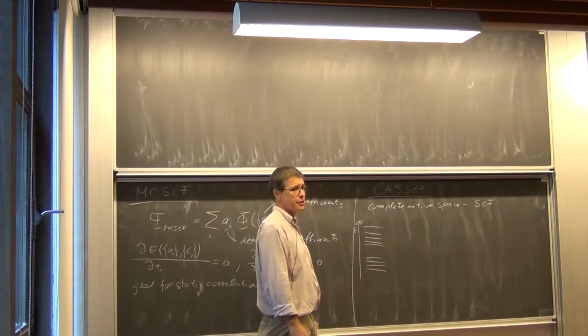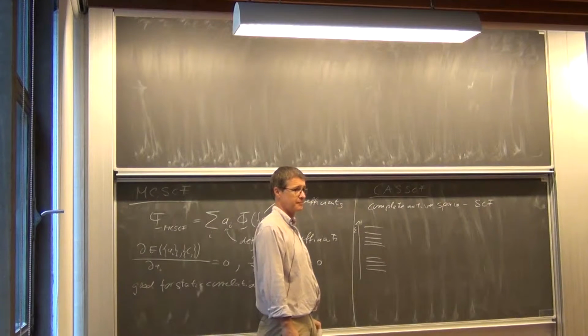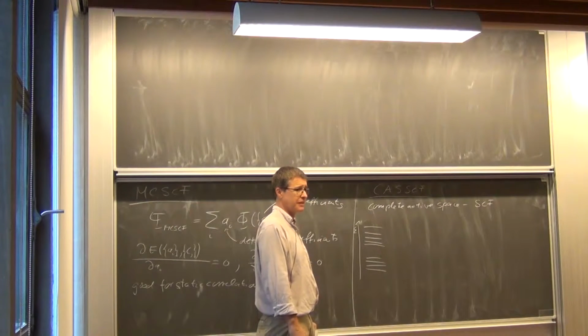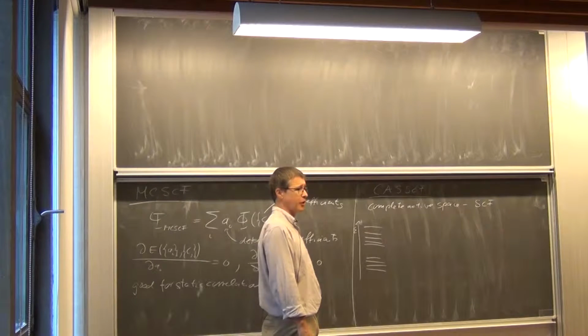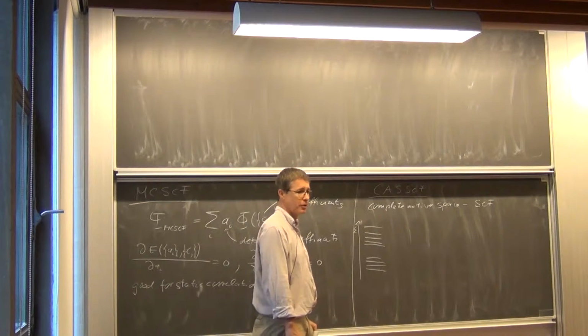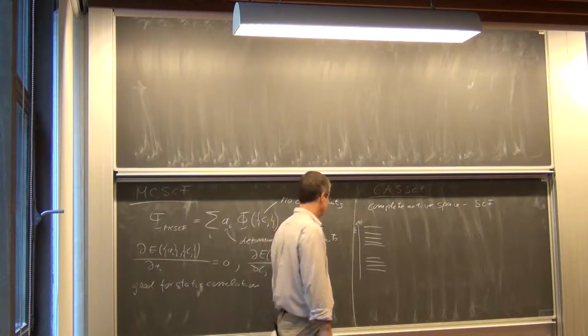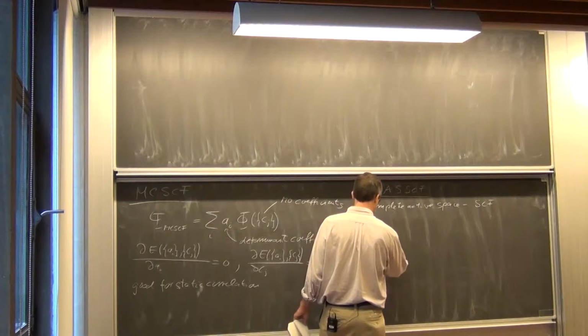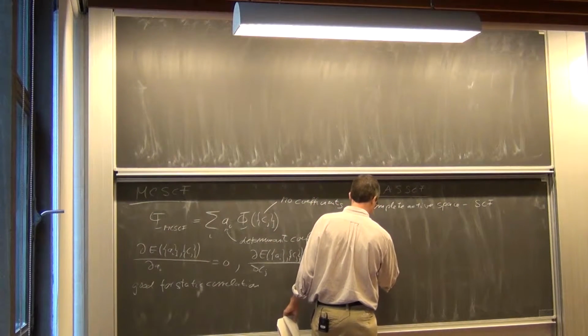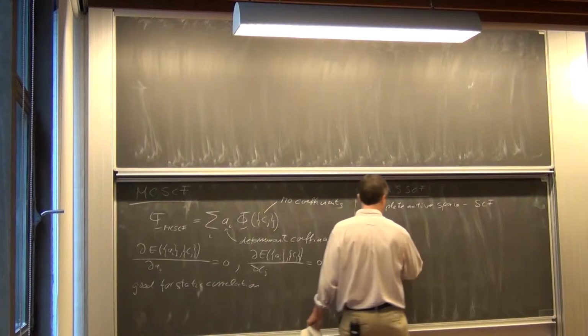What you do, you choose what is called an active space, which means you choose some set of orbitals which are important, relevant for the system here. So you choose, okay, let's for example choose those orbitals, and that's my active space.